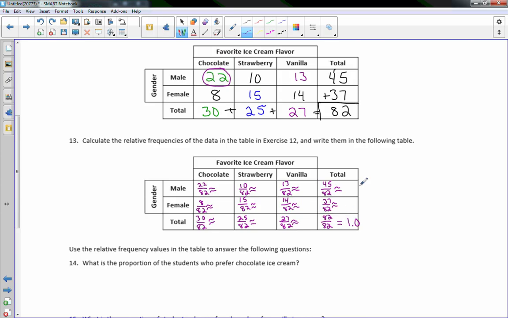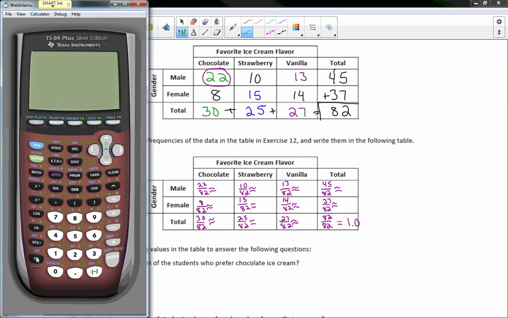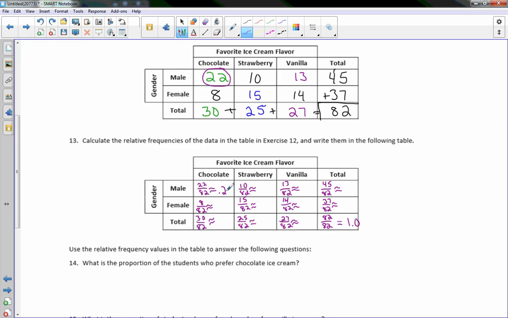It doesn't have to be approximately, it is. All right, so I want to do 22 divided by 82. The easiest way is to take a calculator and just simply go 22 divided by 82 and hit enter. And it's 0.268, so let's round to 2 decimal places. So that's approximately 0.27.